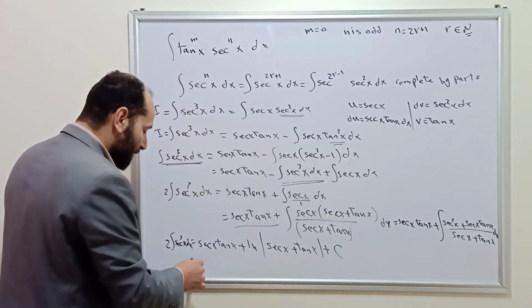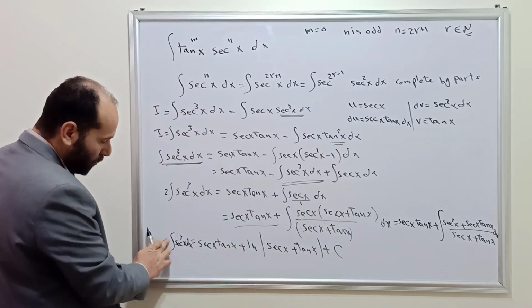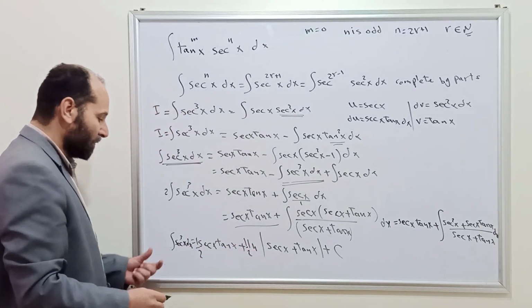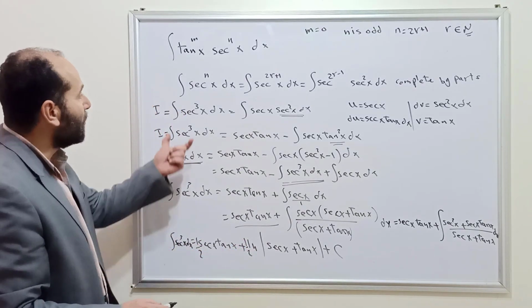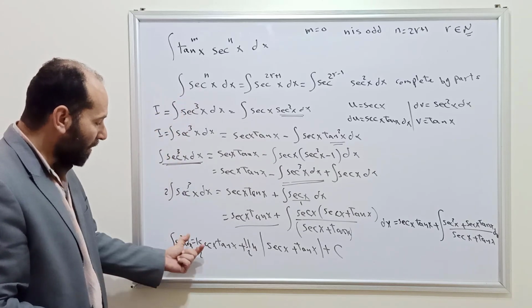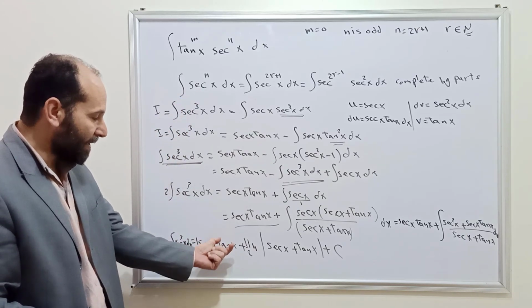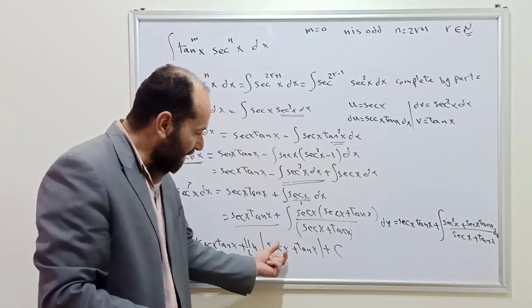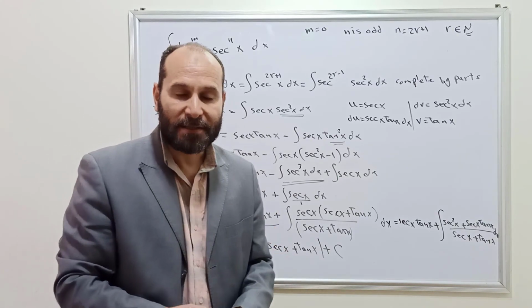If we divide by 2, half and half: the integral of sec^3 x equals half sec x tan x plus half ln of the absolute value of sec x plus tan x, plus c. Thank you.